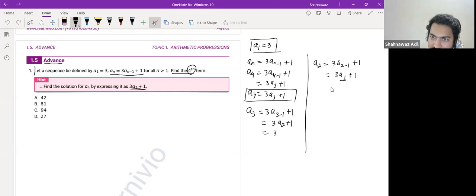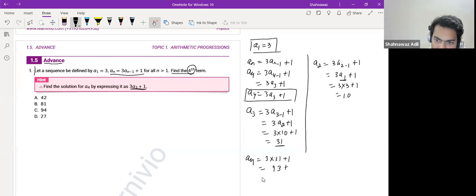Now A1 is given, so 3 into 3 plus 1, so 9 plus 1, 10. So A3 is 3 times 10 plus 1, which is 31. Now we know A3, so we can calculate A4: 3 into 31 plus 1. So this is 93 plus 1, 94. Right, guys?